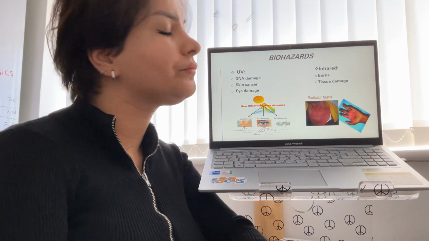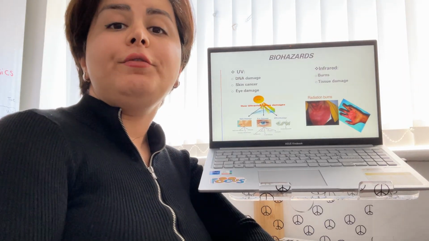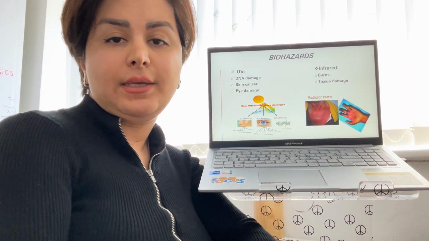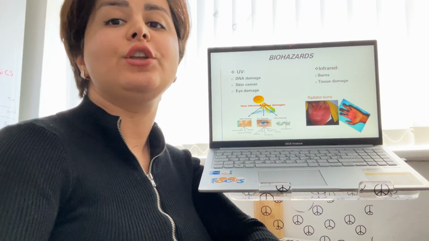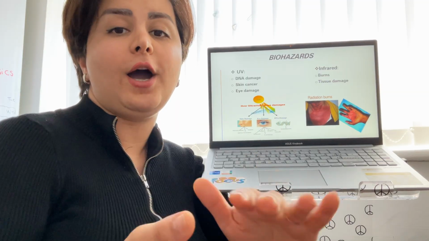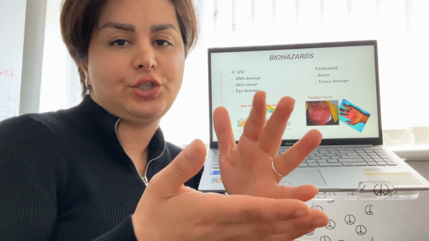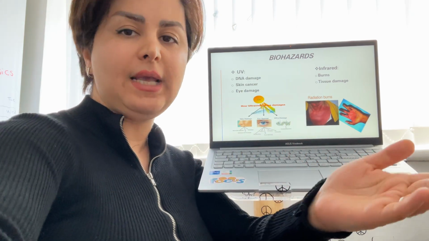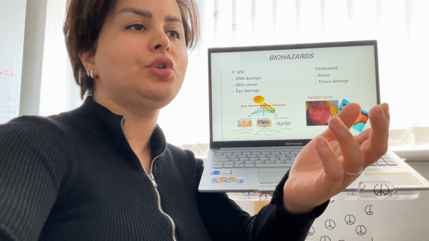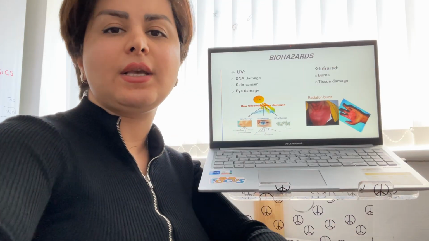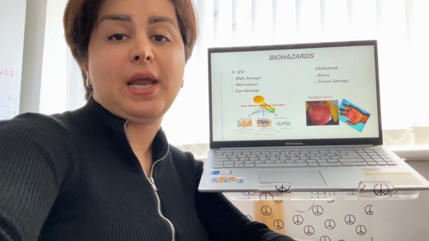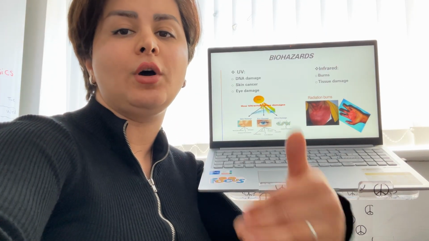So, UV or ultraviolet radiation can be dangerous because its high energy can damage DNA, which may lead to skin cancer or some types of cancers, and it could also harm the eyes.